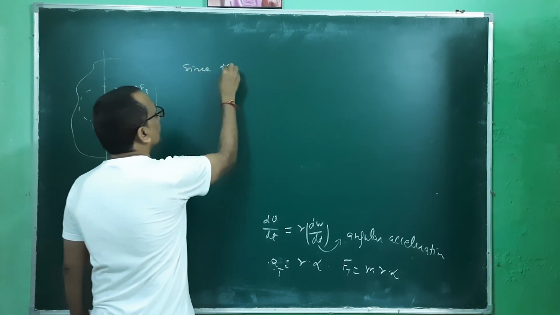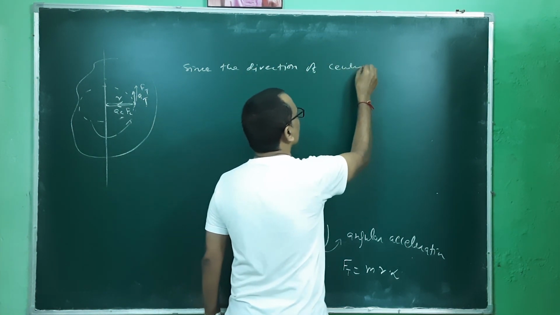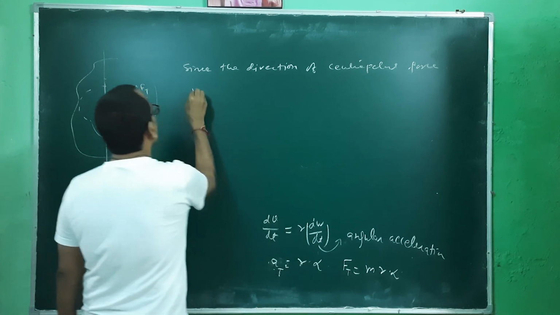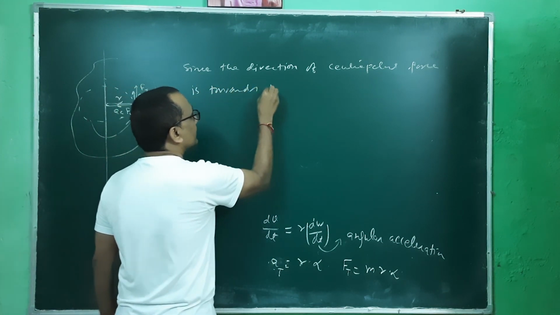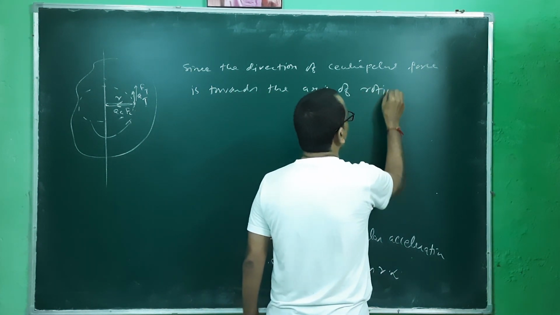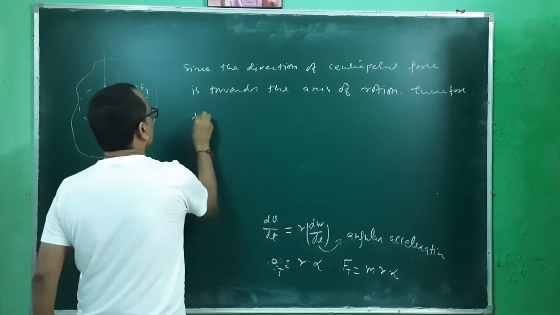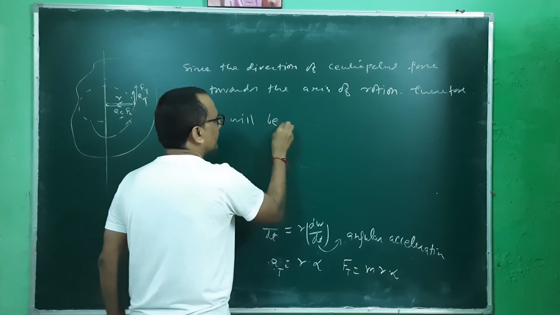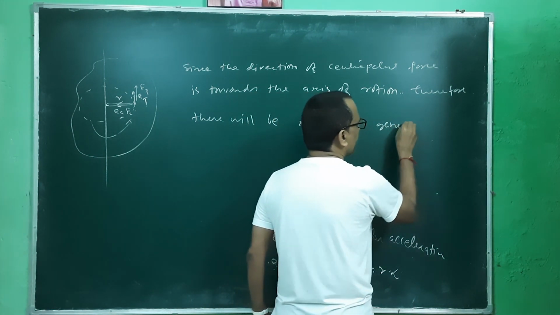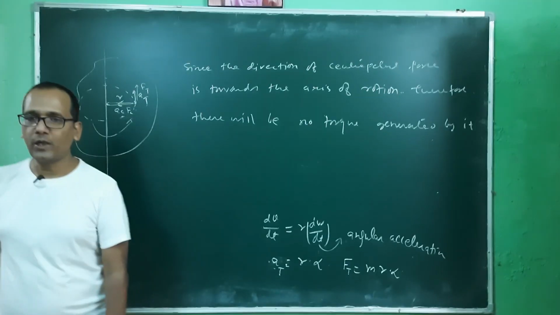Since the direction of the centripetal force is towards the axis of rotation, there will be zero torque, or no torque, generated by it. So there will be no turning effect, and no torque generated by this.